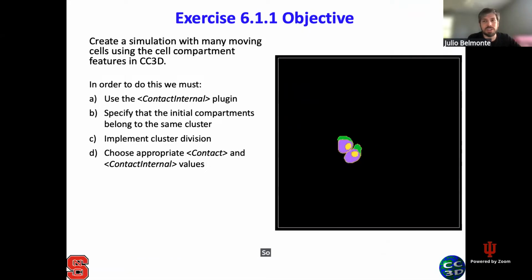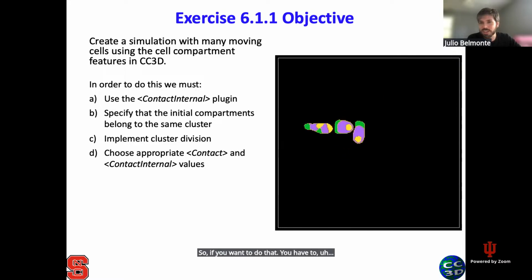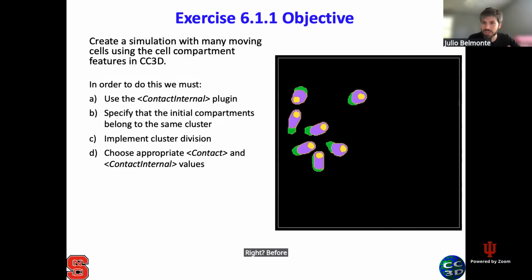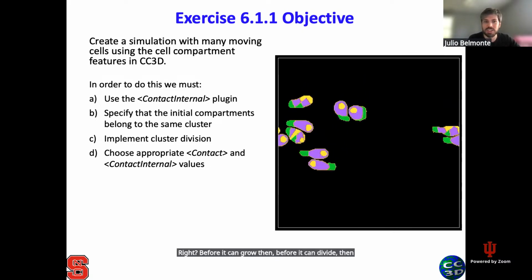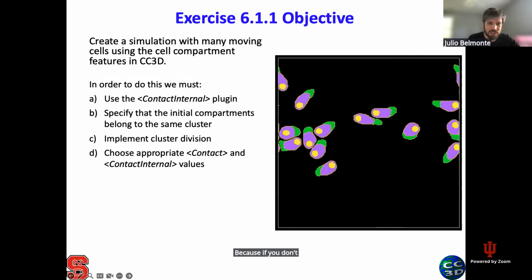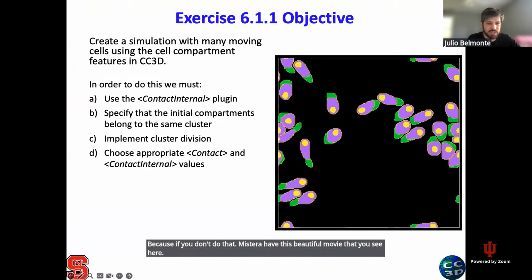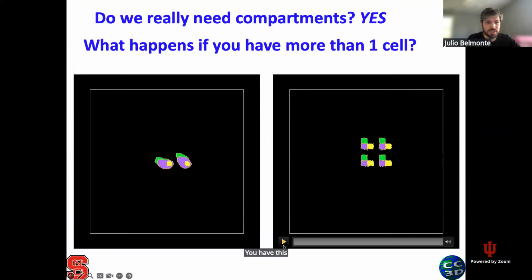So if you want to do that, you have to tell the cells that they all belong to the same cluster, right? Before you can grow them, and before you can divide them, and before you can have multiple ones. Because if you don't do that, instead of having this beautiful movie that you see here, you have this messy movie that you see here, okay?